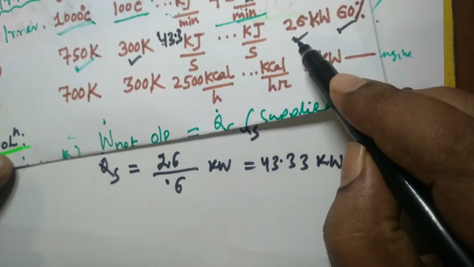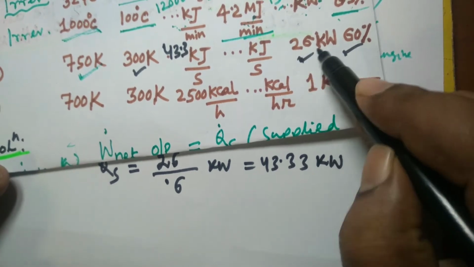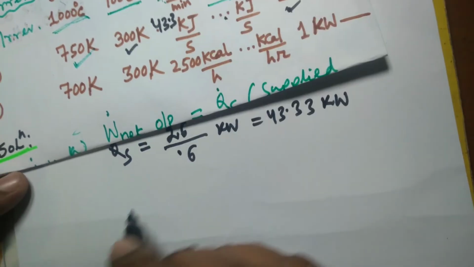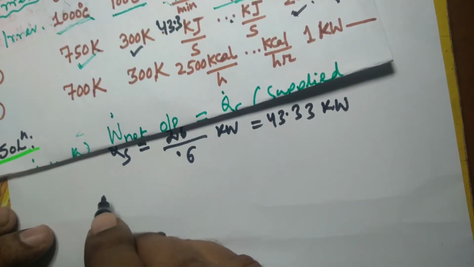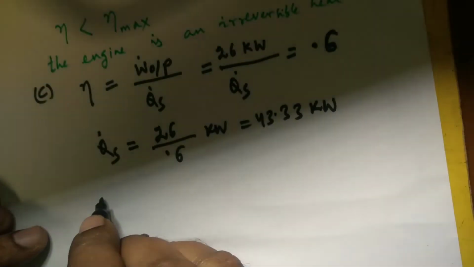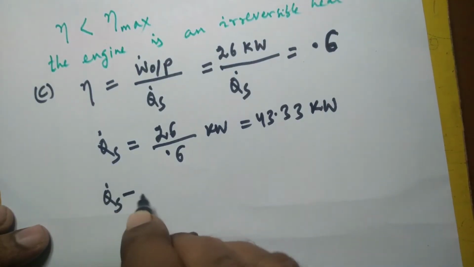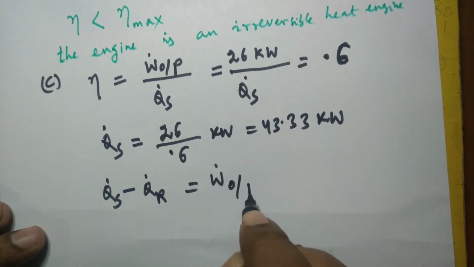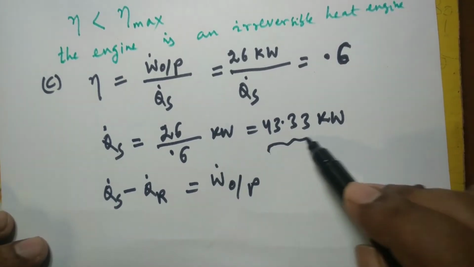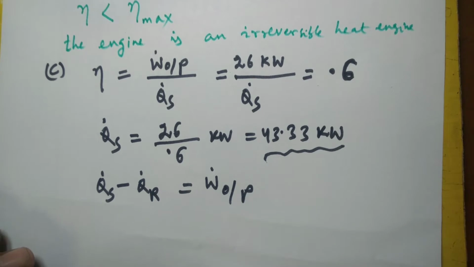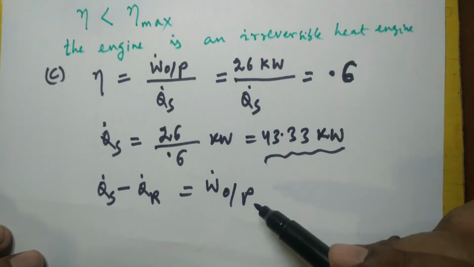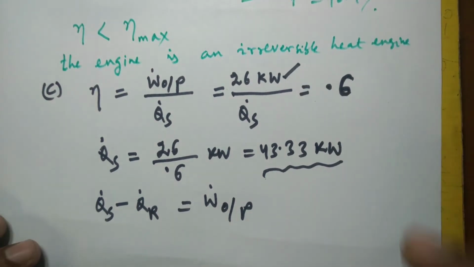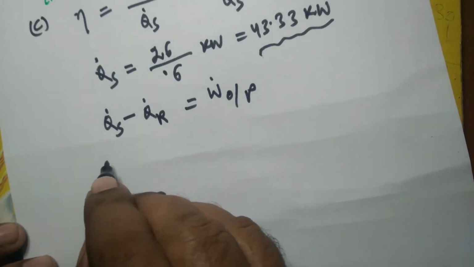And once we have got the rate of work output, we can easily find out the heat rejected, because according to the first law, or the principle of conservation of energy, for any heat engine cycle, Q dot S minus Q dot R is equal to rate of work output. So Q dot S is 43.33 kilowatt, and rate of work output is already given in the question, 26 kilowatt. So heat rejected can be calculated.